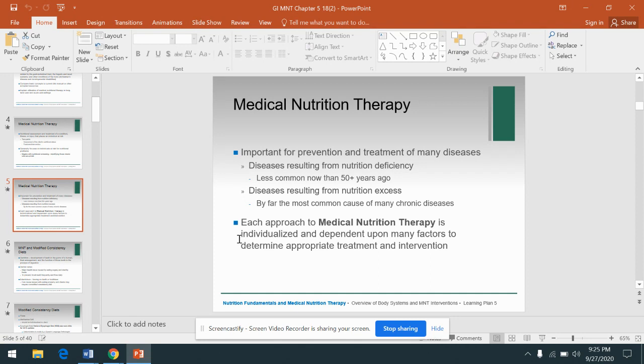This is why I encourage nutrition professionals to take a very detailed diet history from a client, so that when you're providing sample menus, when you're providing some intervention for a specific type of nutrition condition, you can individualize it to that person.